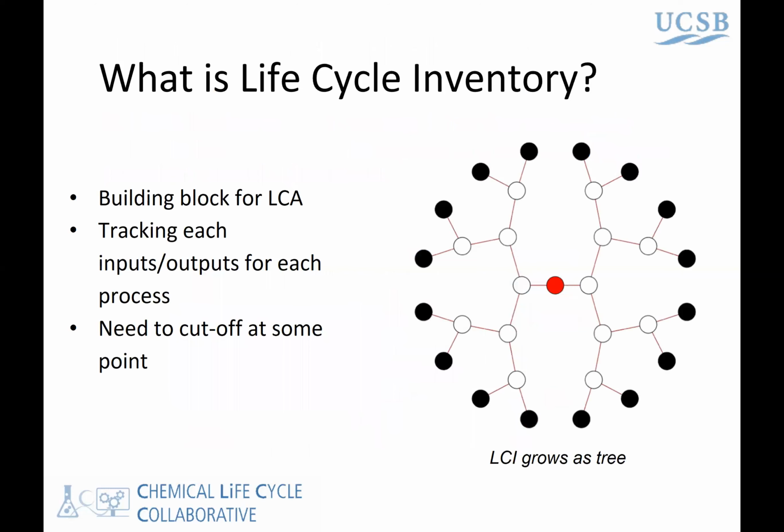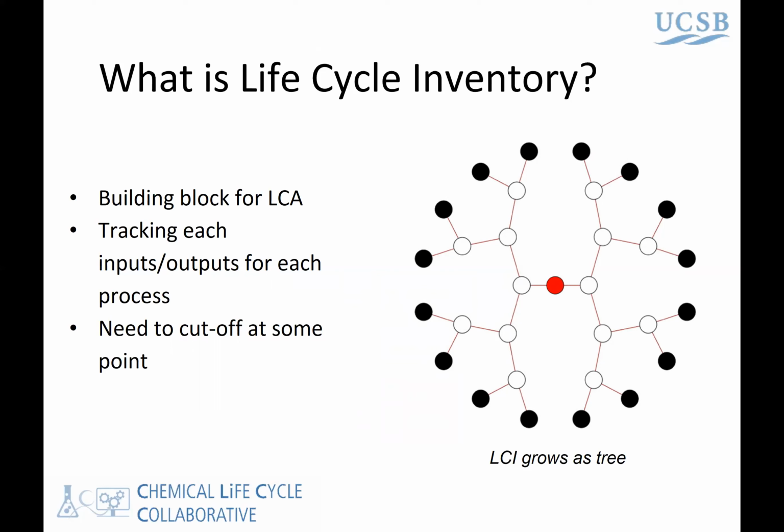But before everything, I want to just recap what life cycle inventory is. I know most of you have a pretty good understanding of LCA, but I just want to mention that life cycle inventory is a building block for life cycle assessment, usually called LCA. It is a fundamental part of LCA, where we record all of the inputs and outputs on a life cycle basis.